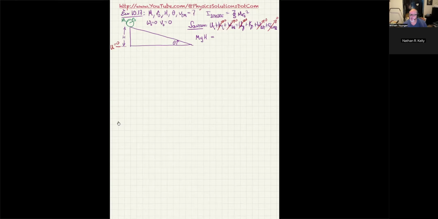The kinetic energy is the kinetic energy of the ball's center of mass moving like that, as well as the kinetic energy of the ball rotating about its center. So I don't have a single term for kinetic energy. I have two terms. I have 1/2 m v, and that's technically v center of mass squared, plus I have 1/2 I omega squared.